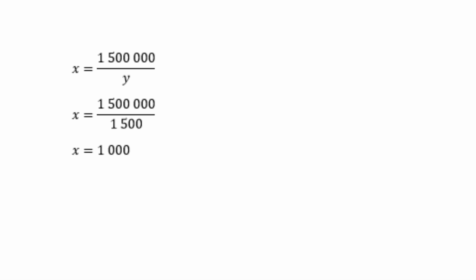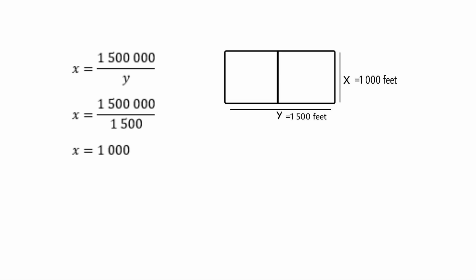Then x equals 1,500,000 over 1,500, and x equals 1,000. So, to minimize the cost of the fence, the farmer needs to use x and y as measurements for his fence, which is x equal to 1,000 feet and y equal to 1,500 feet.